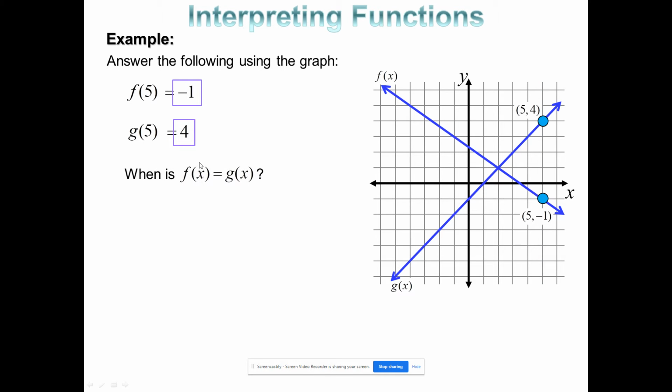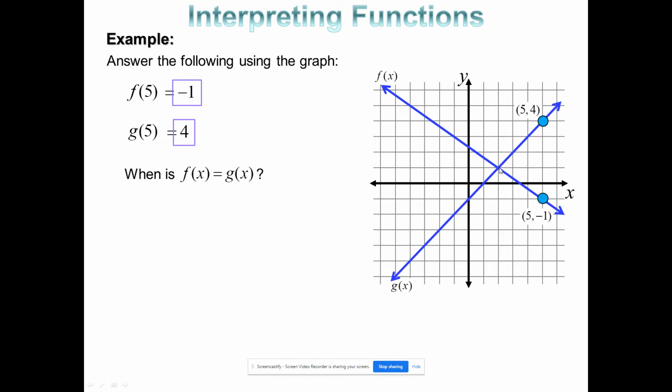Now it's asking when is f of x equal to g of x. Whenever you see the word when, and you'll see that in this unit, we're talking about the x-axis. So we're going to know what x value causes f to equal g. Okay, so what input gives them the same output?